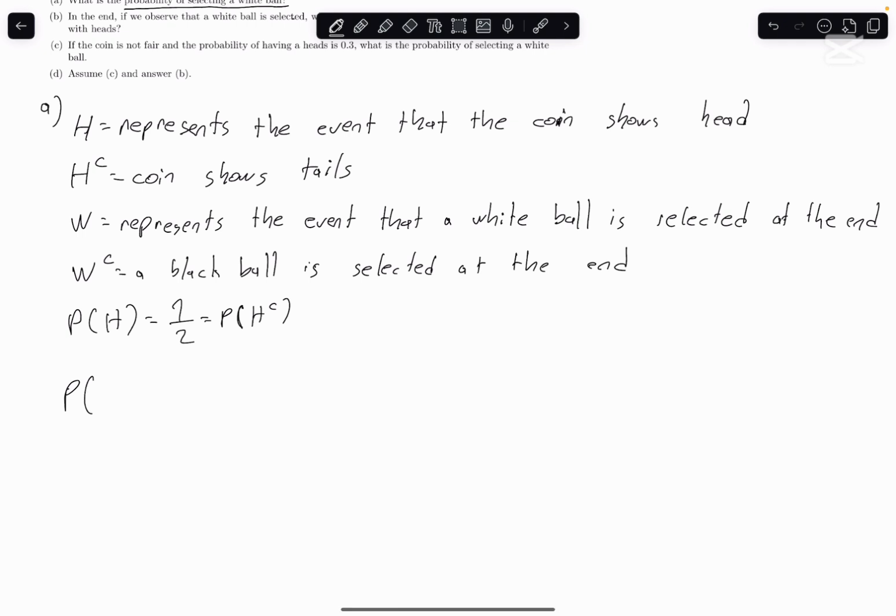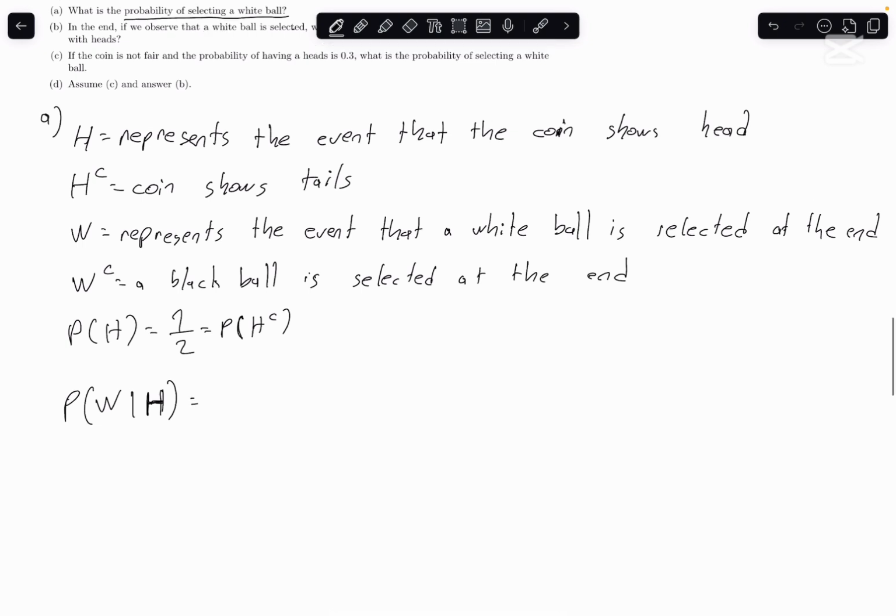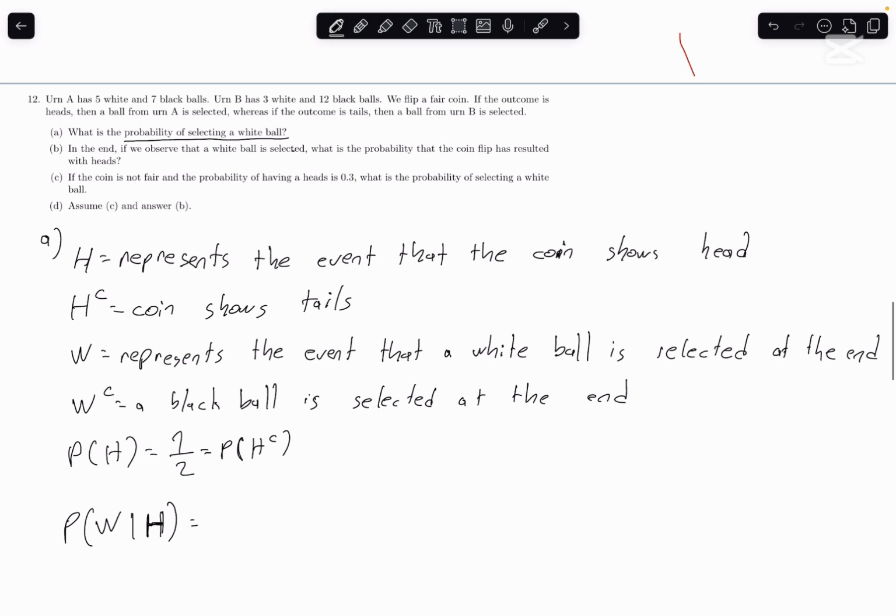Let's write the probability of white if we know the coin shows heads. If we already know the coin shows heads, let's check it again. If the outcome is heads, then a ball from urn A is selected.